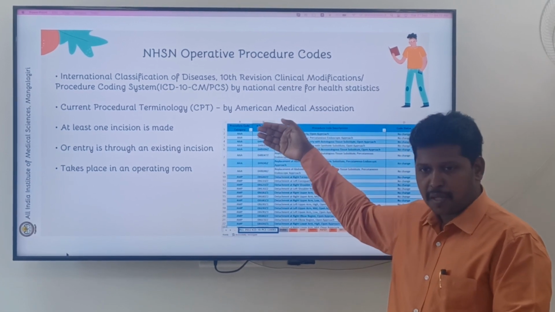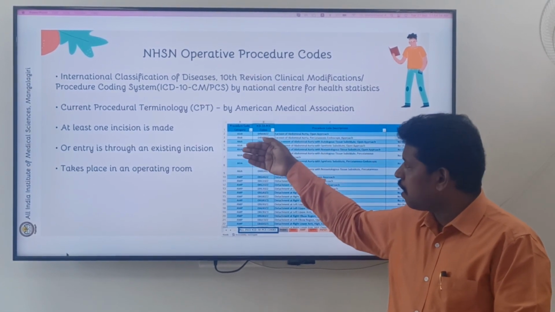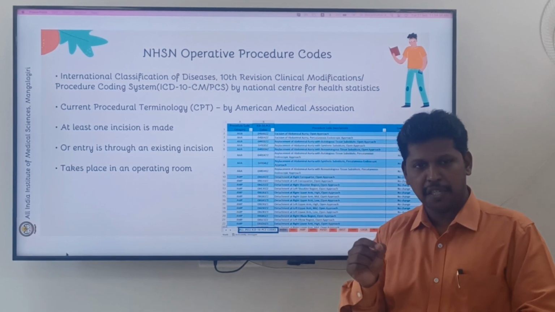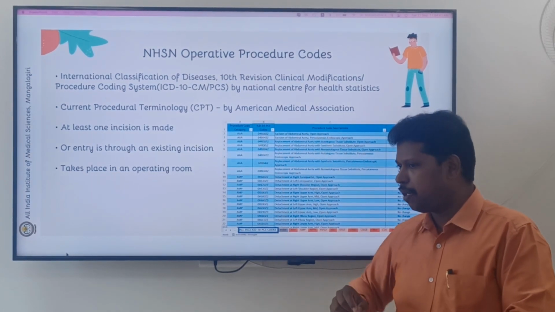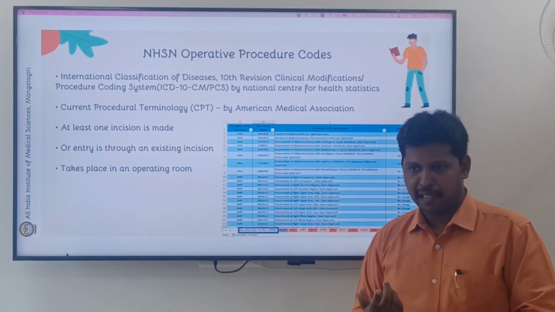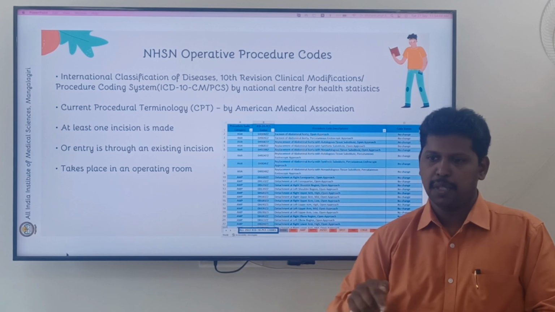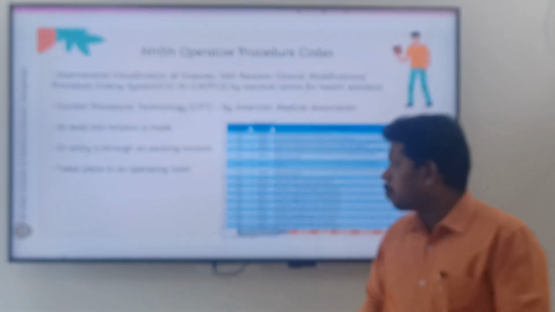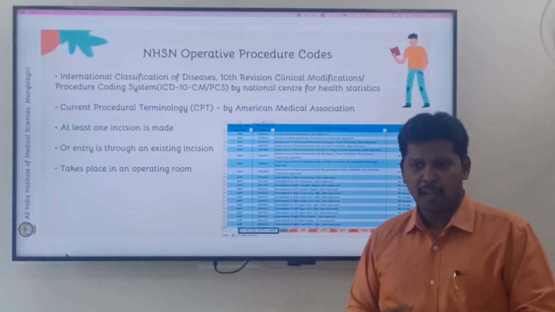Apart from these codes, at least one incision should be made during the surgery. If an incision already exists and the surgeon is re-entering through that particular incision site, then also it is included as a surgical procedure. And it should take place in an operating room.